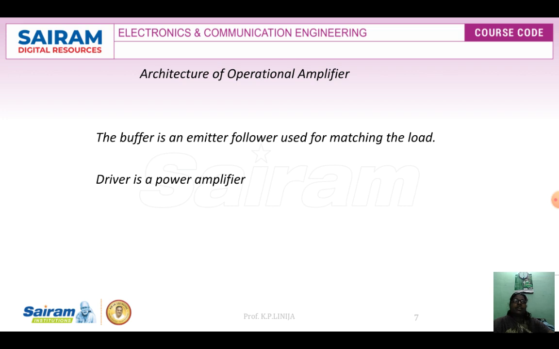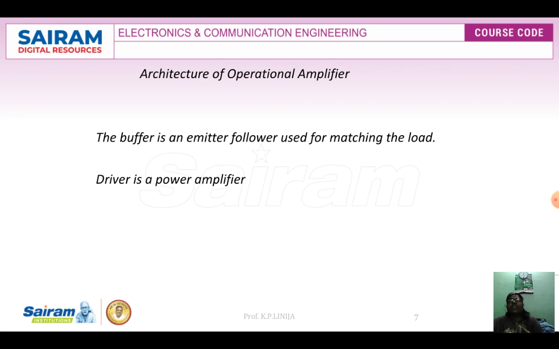level shifter. This buffer and level shifter circuit can be used as an emitter follower with a constant current source. Here we are using a direct coupled amplifier, so the DC signal passes to the next stage.